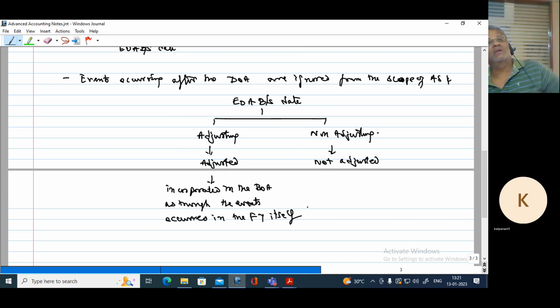Had these events occurred in the financial year itself, what treatment we would be giving? That treatment is what we call adjustment. Correct? How to identify them as adjusting event and how to identify them as non-adjusting event, we will separately discuss.